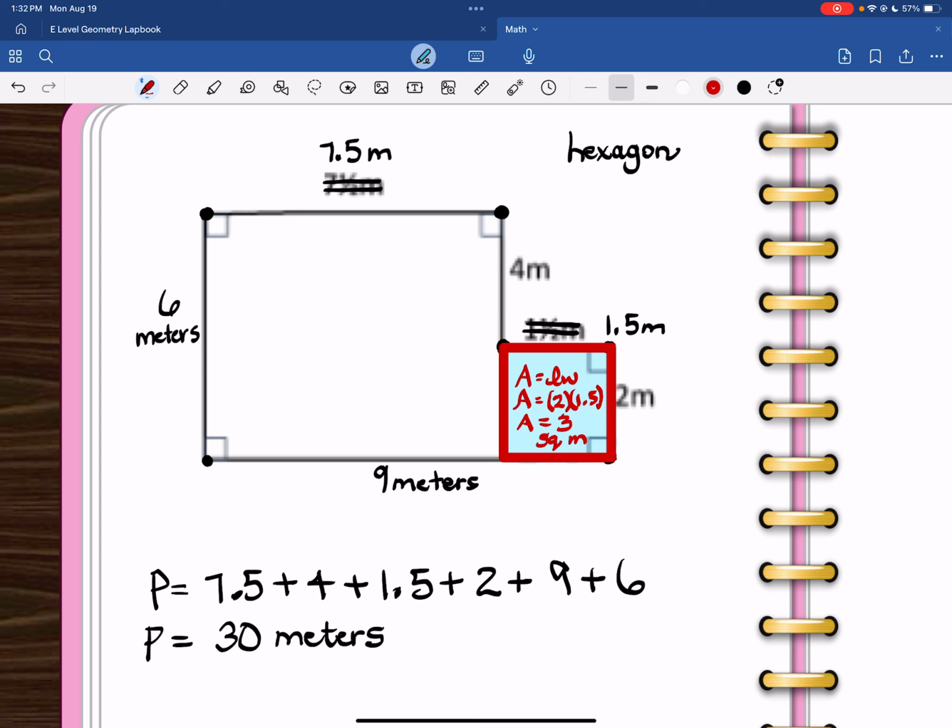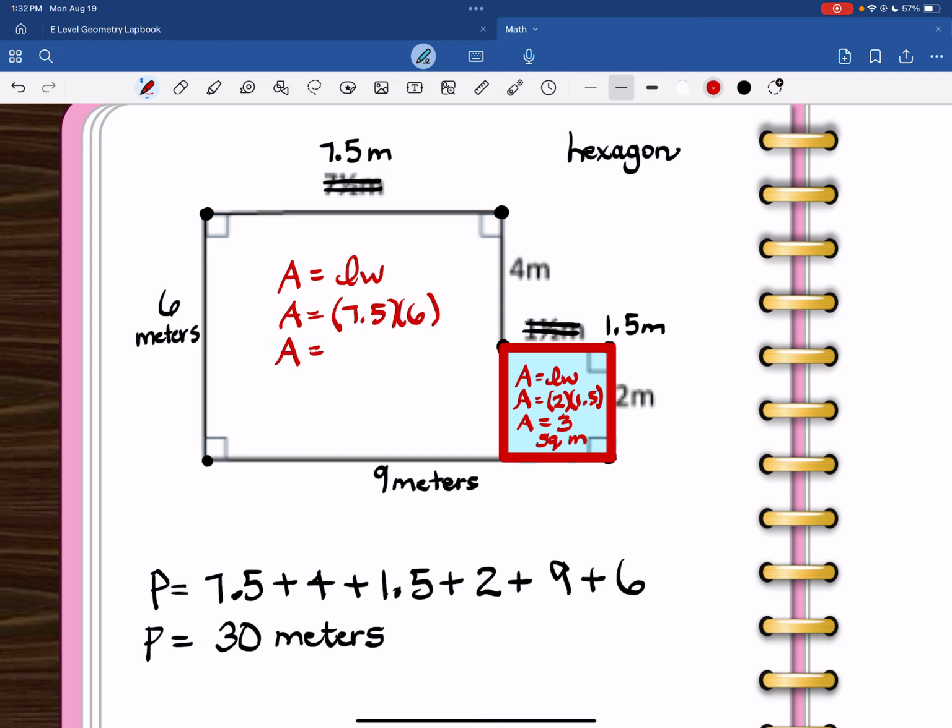And then on this larger one, you want, be careful, it's not the 9. The 9 goes all the way across. It's just this dimension. So 7.5 by 6. Looks like what we need. Trace it with your finger if that helps you. So 7.5 by 6.